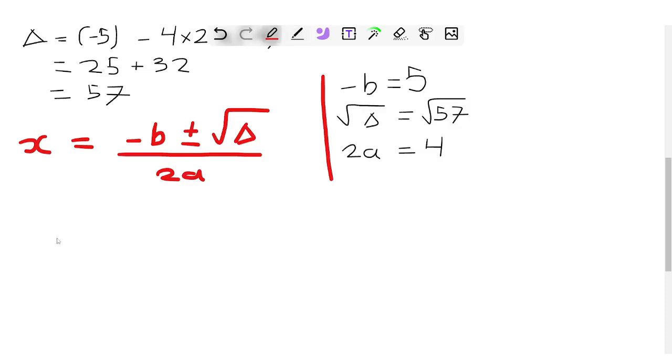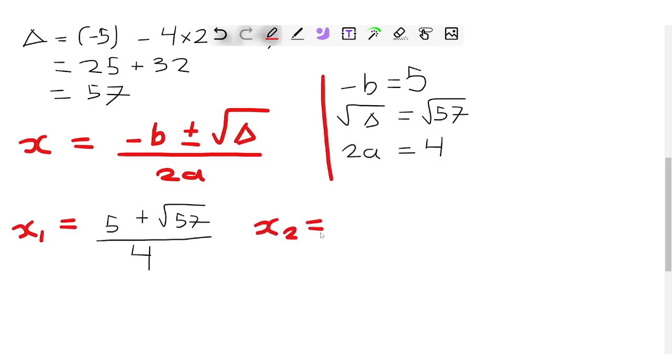So our first solution, which I'm going to note x1, is going to be 5 plus the square root of 57, the whole thing over 4. And our second solution, which I will note x2, is going to be 5 minus the square root of 57, the whole thing over 4.